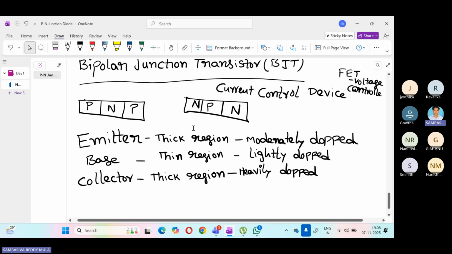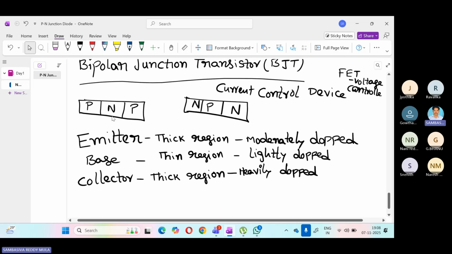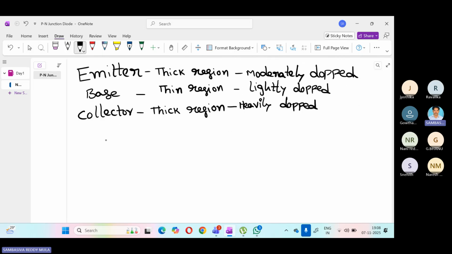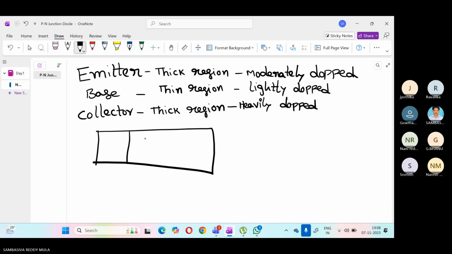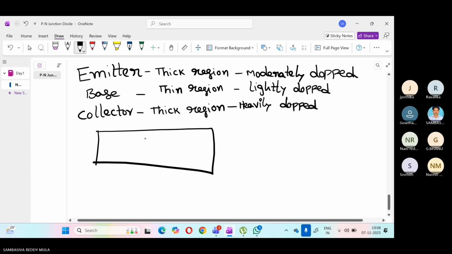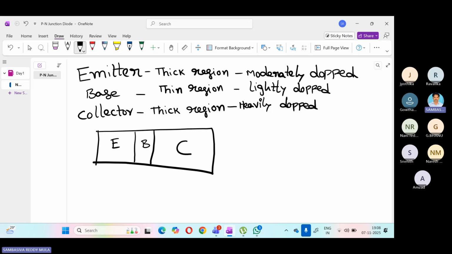Whenever we are drawing the PNP or NPN transistors, we need to remember that the base is smaller in size. So the correct representation of a BJT is: this is the emitter region, this is the base region, this is the collector region.